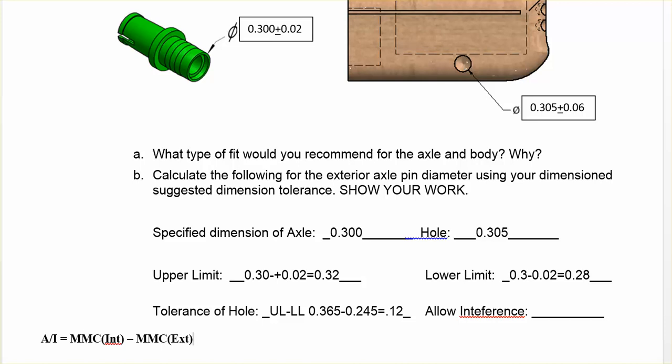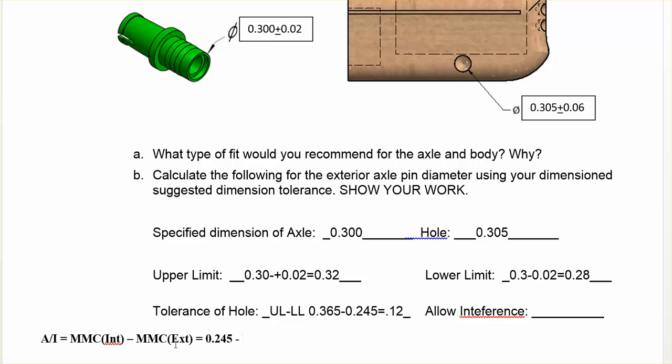And what we're talking about here is when does it have the maximum material? All right, when does it have the most material? And in this case, our interior feature is when we'd be measuring inside. And that's going to be the lower limit then of the hole up here, because we'd be measuring the inside. You stick the ruler on the inside, so we would be doing the interior. We'd be measuring on the interior of the part, and that's going to be the lower limit of the hole. In that case, that would be 0.245, which we already calculated earlier.